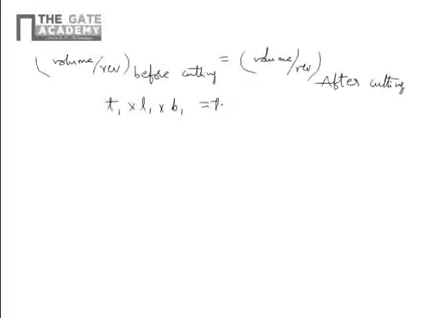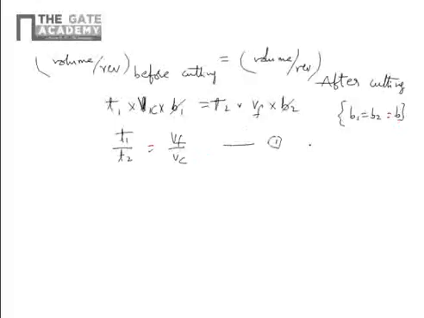Here, instead of length we need to take cutting velocity. Vc is cutting velocity, T2, Vf is the chip flow velocity, B2. B1, B2 are constant because B1 equal to B2 equal to B, width we are assuming constant. T1 by T2 equal to Vf by Vc, equation 1.